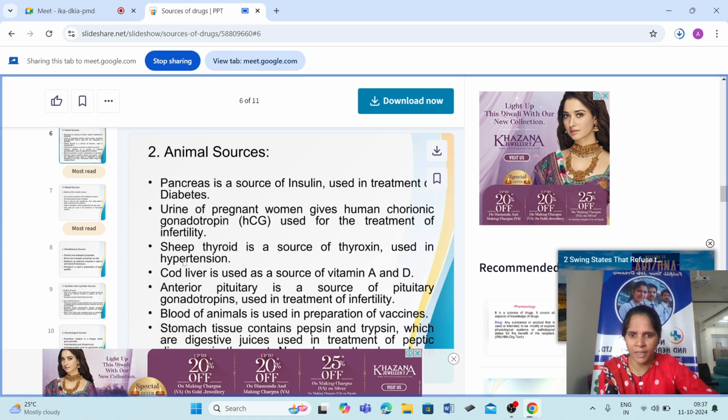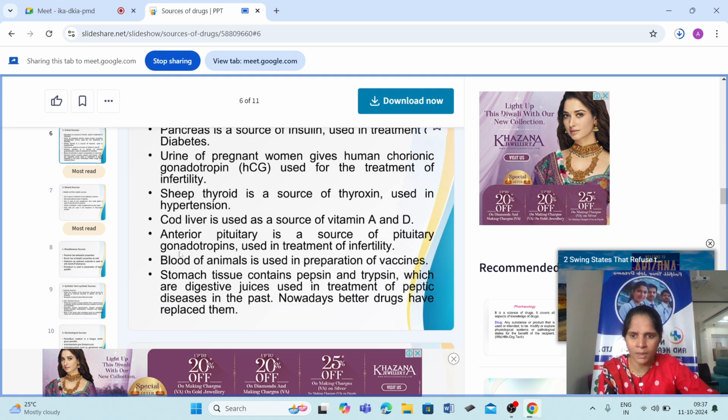And next, sheep thyroid is a source of thyroxine used in hypothyroidism. Not only that, if a person is suffering from any thyroid gland problem, they can go with the usage of this thyroxine.